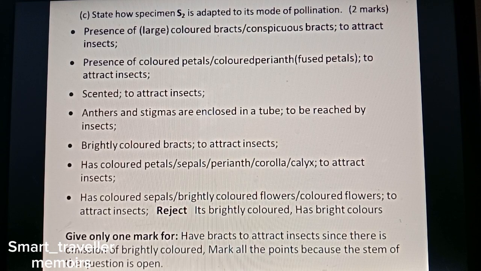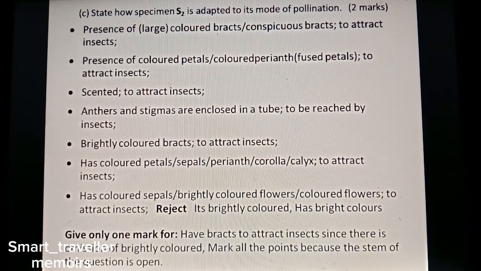State how specimen S1 is adapted to its mode of pollination. Presence of large-colored bracts, conspicuous bracts, to attract insects. So guys, state how specimen S2 is adapted to its mode of pollination. Presence of large-colored bracts to attract insects.